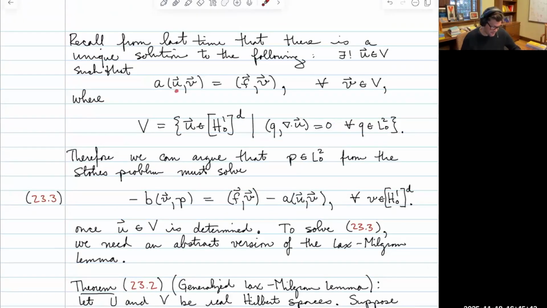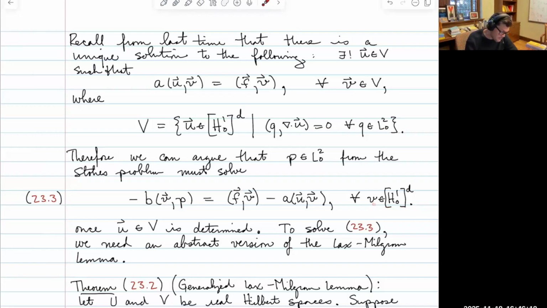We know that U exists, and now we want to figure out, does P exist for the original Stokes problem, knowing that U exists? U has to live in this space. That's already known from the beginning. Or not, at least, if not from the beginning, very early on in the game. Okay, so this looks like a standard problem that we've looked at before, except it's a little bit funny. We're looking for P such that it solves this problem for all test functions V from this test function space.